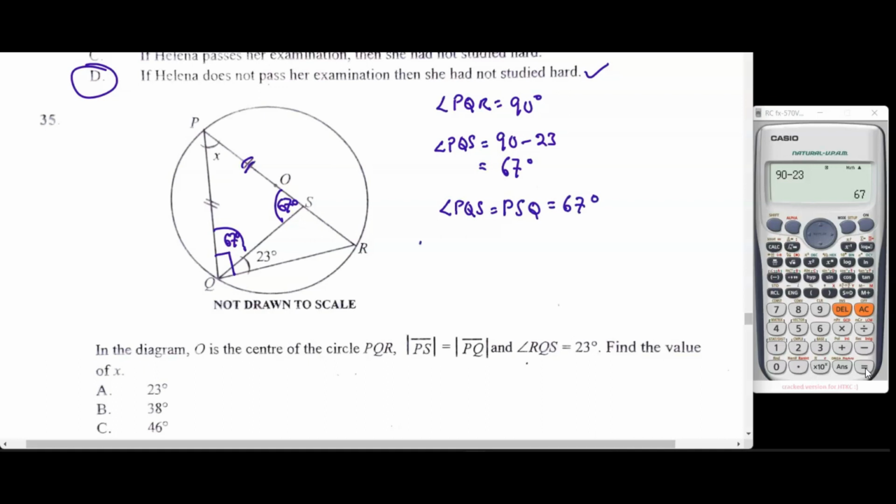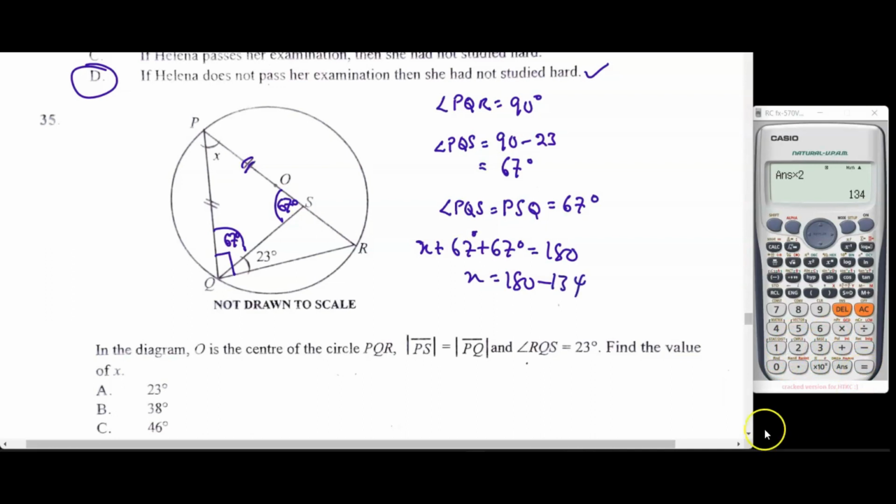Therefore, finding X, we use the idea of sum of the interior angles of a triangle. So X plus 67 plus another 67 degrees, all equal to 180 degrees. So X will be equal to 180 minus 2 times 67, which gives us 134. So 134 here.